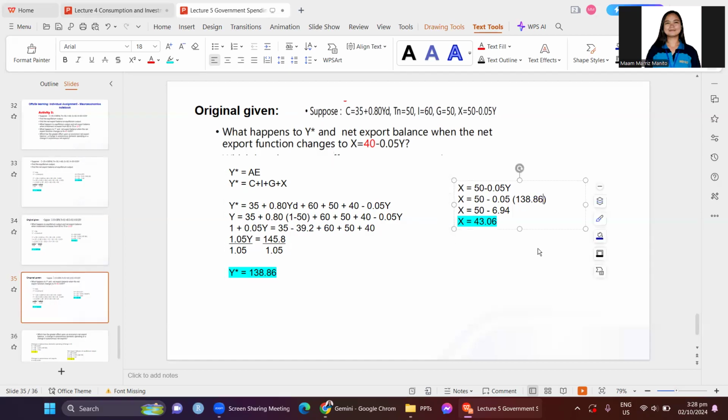Okay. So next question. What will happen in that export balance? We'll just change this. So the net export balance is 40 minus 0.05y. Okay, so we multiply 0.05 to the new equilibrium output.